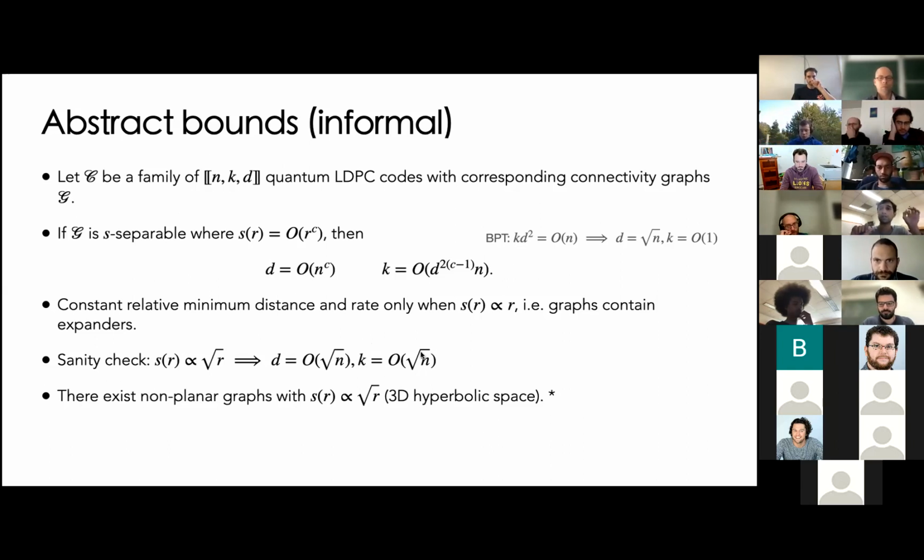So this is not clear. We don't know if these bounds can be saturated, but at least it helps us provide a one-way statement. For example, if you were to consider local graphs in 3D hyperbolic space, it turns out that these also have separators that scale only as the square root of the block size.